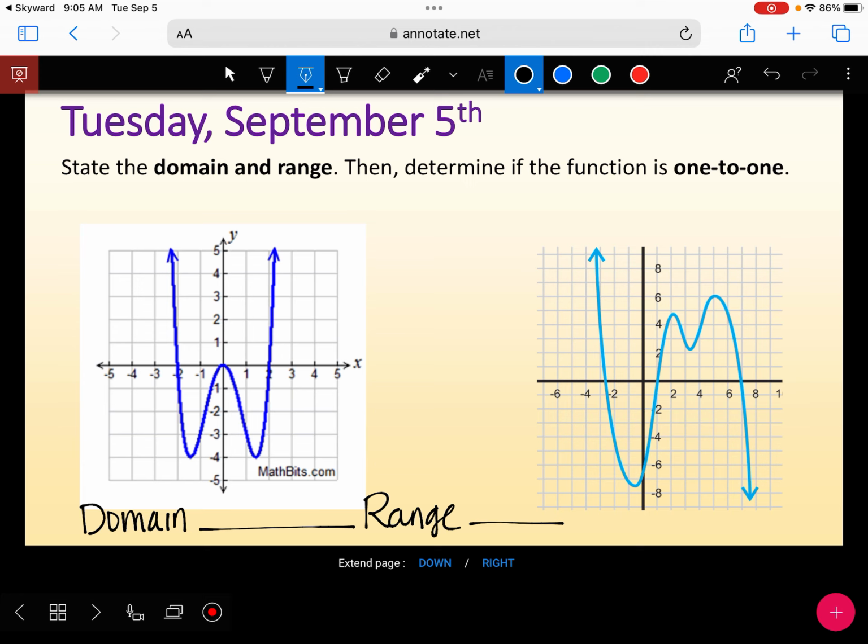So domain is how far to the left and how far to the right the graph goes. So this graph has an arrow pointing to the left and an arrow pointing to the right. So your domain is all real numbers.